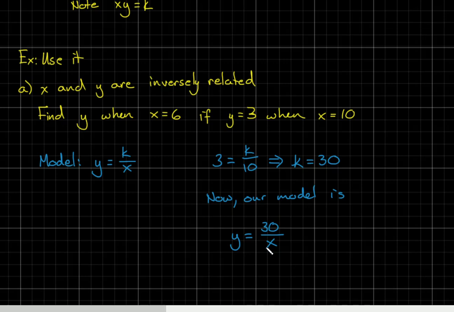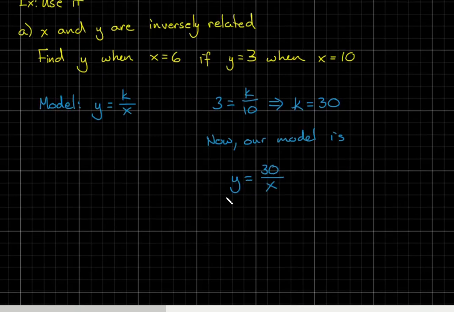Now we can finally finish this last little part of our problem. Before I continue on, have I lost anybody throughout this? Now I'm trying to find y when x is what? 6. Is there a place I can plug in a 6 for x in this new equation? I think we can just say y is equal to 30 over 6.